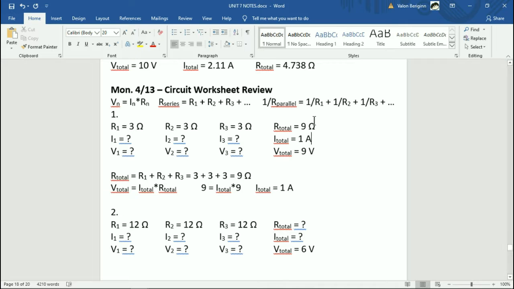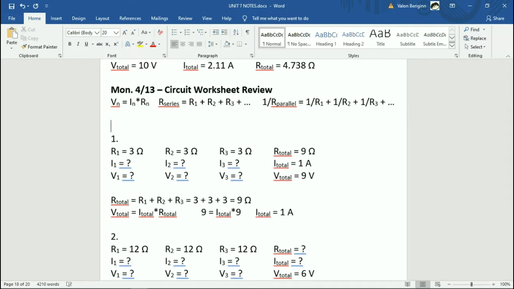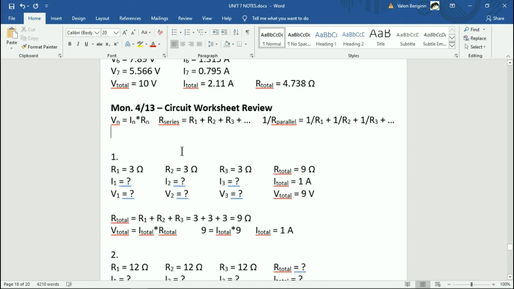Oh, there is one more thing that we need to know, actually. There are two things, and I forgot about this. Let me put this in here. The first is that in series, V total equals V1 plus V2 plus V3, and I total equals I1 equals I2 equals I3.